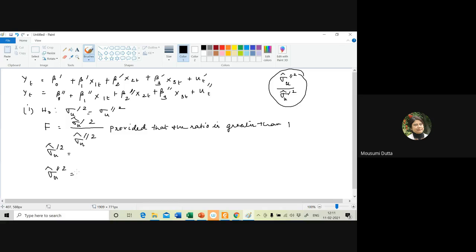So sigma u hat square, I hope everybody is understanding, is the estimated value, that is the sample variance. So it will be RSS 1 divided by N1 minus K. This will be RSS of the second model.